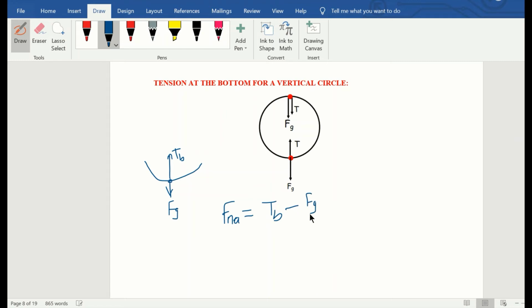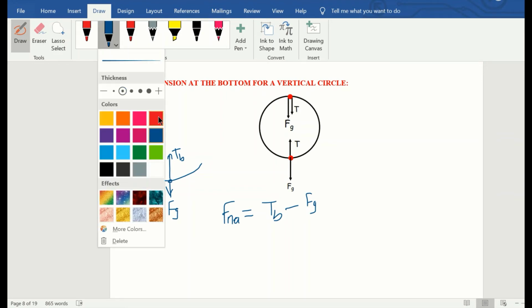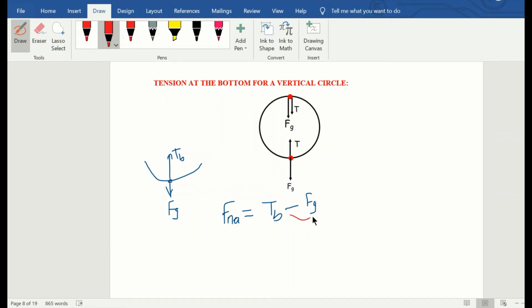Okay, so what next? We have to find the tension at the bottom. So we transpose. I will move my negative Fg to my left, becomes what? A plus. So therefore, the tension at the bottom is equal to net force plus the weight, which is Fg.